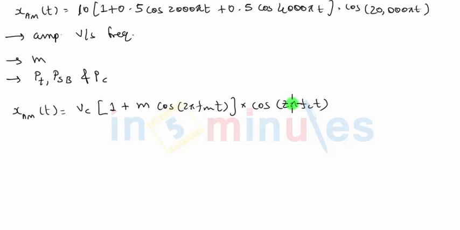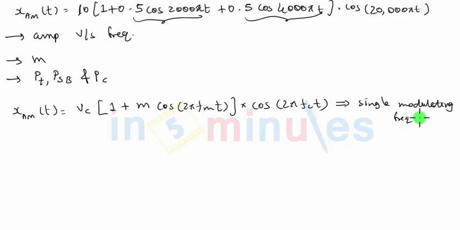So whatever expression is given to us is very much similar to this expression, but you can see there are two cosine terms inside the bracket. Instead of that, the expression that we had written, there's only one cosine term. That is simply because the expression that we have written is for single modulating frequency, whereas the expression given in the question has two modulating frequencies, fm1 and fm2.